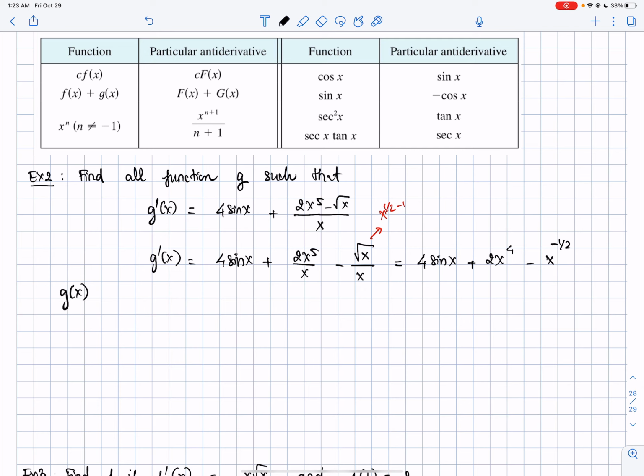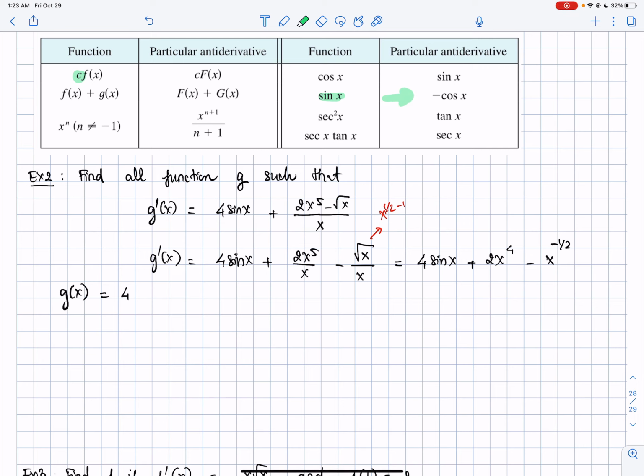The function g of x, which is the antiderivative of g prime of x, will be: we keep the constant 4, and for the sine function the antiderivative will be negative cosine.